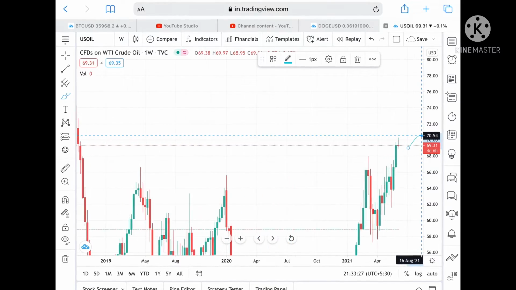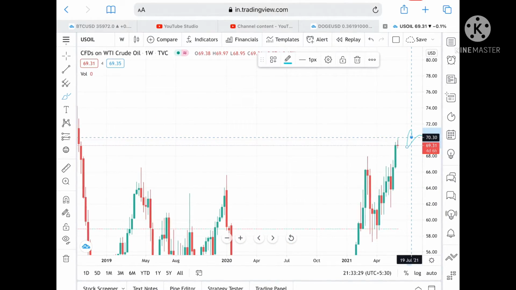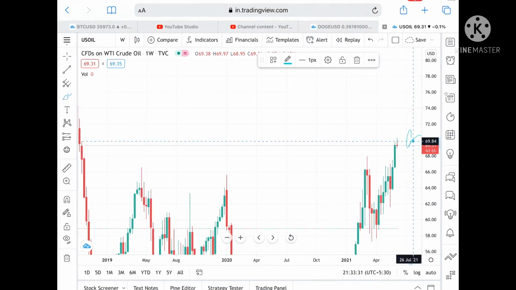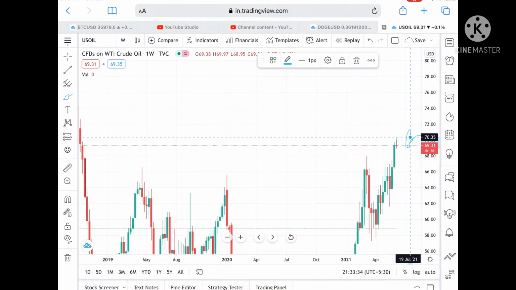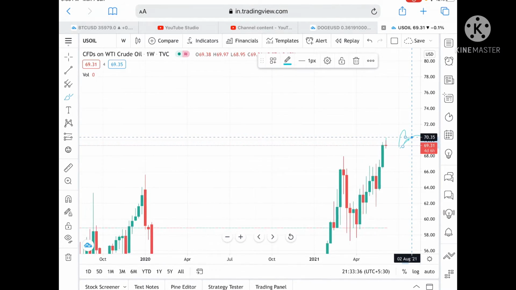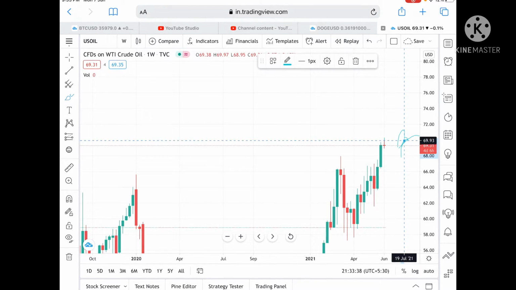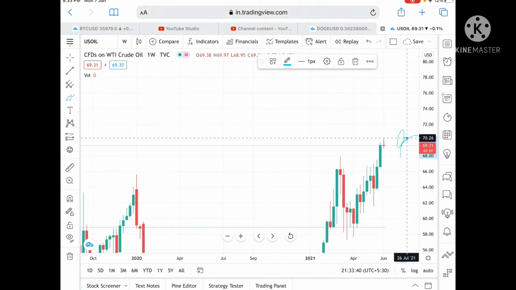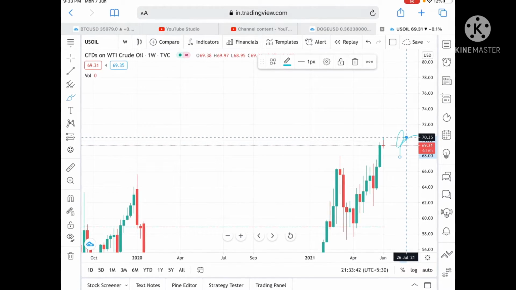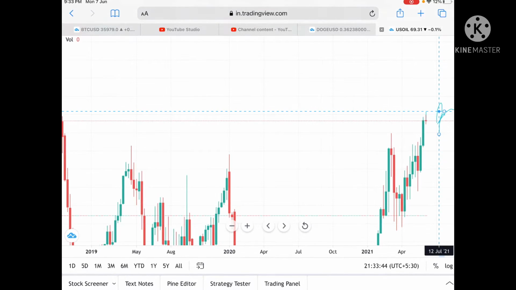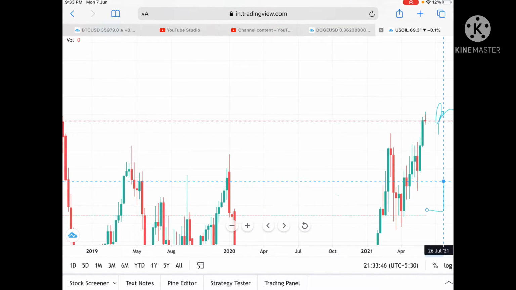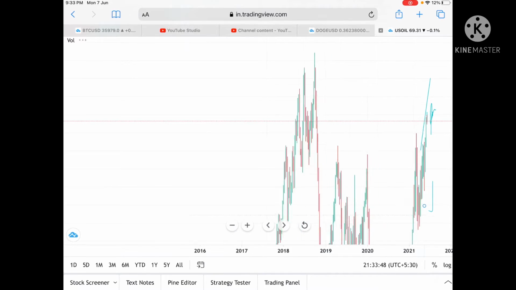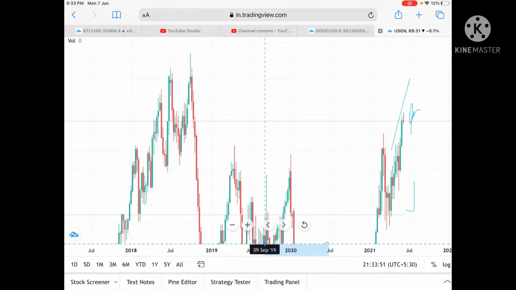If it crosses a level of 70.35, then we'll be looking for a target of 70.5. As of now we can see the price moving in this particular range.